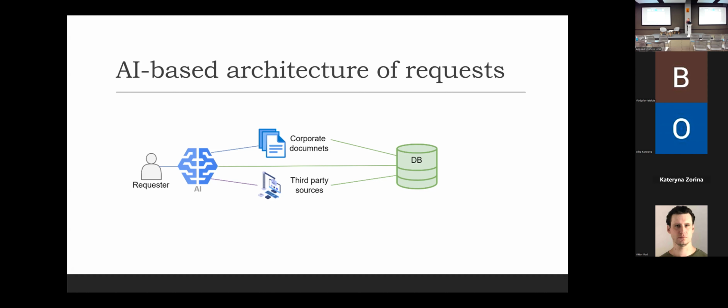This solution has a lot of disadvantages. One of them, it's really costly because you need to have your own servers, and you need multiple teams to support them. And the response from AI could sometimes be wrong, because I believe everybody who uses ChatGPT has faced the situation when you ask a question and get the wrong answer.